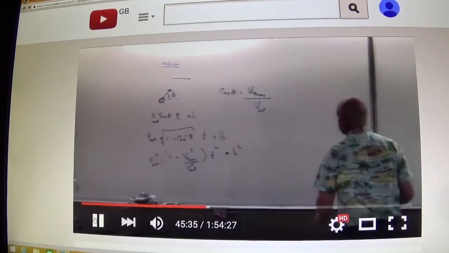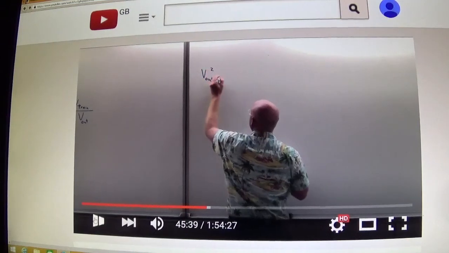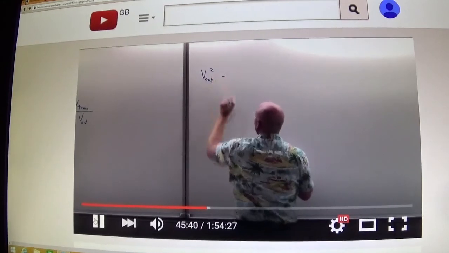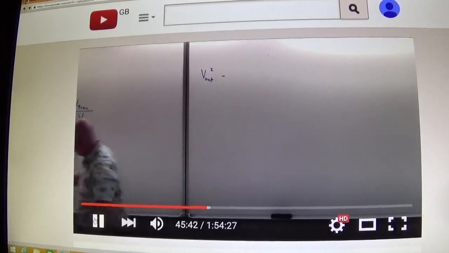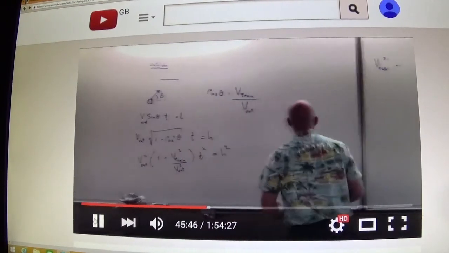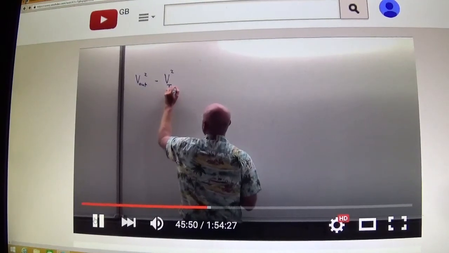So when I do this substitution, I get velocity on the outside. Those two equations he's equating, you've got h squared in both of them, so you can equate those two equations. That's what he's writing out now. Squared, and I'll just do the distributive property. Here would be minus the velocity squared of the train.